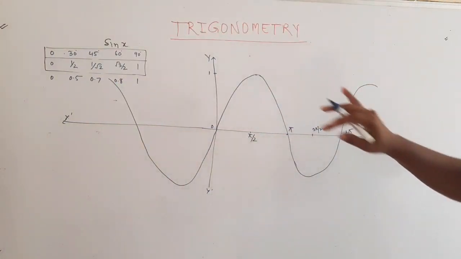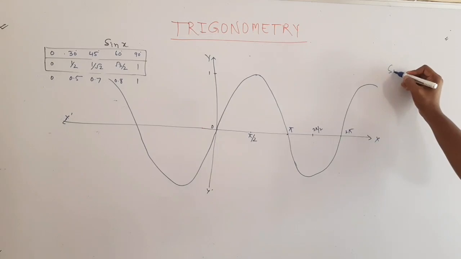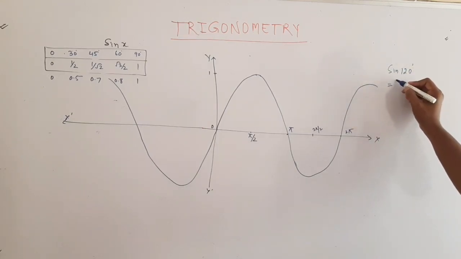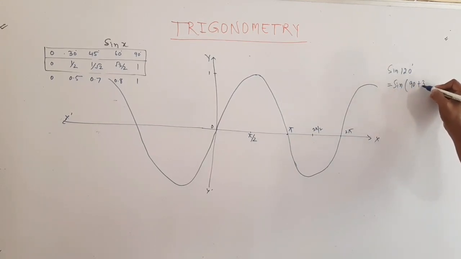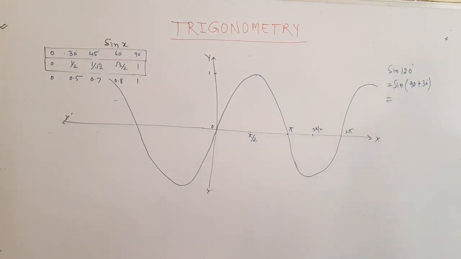Suppose I go beyond 90, suppose I have sine 120 degrees, then how do we do that? We write sine of 90 plus 30 degrees.